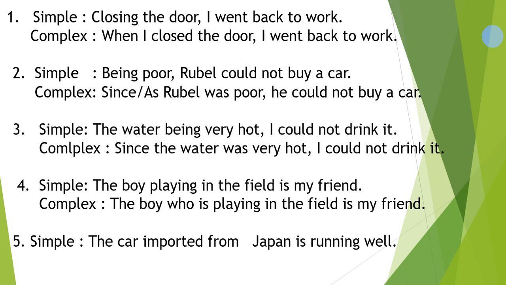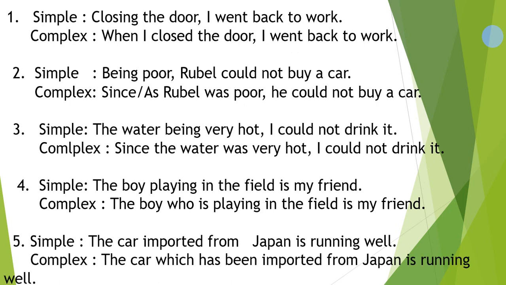At first, we will write the given subject, then the relative pronoun "which" or "that" will be used if it refers to an object or thing. After that, the be verb is used according to tense. Next, the past participle phrase and the rest of the sentence will be used. Now the complex sentence will be: The car which has been imported from Japan is running well.